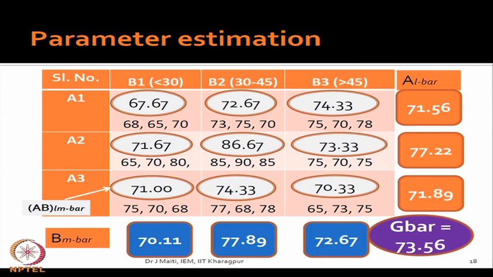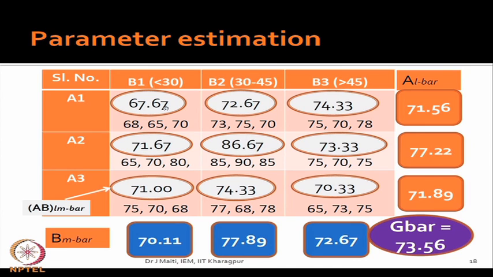So, you see that this calculation we have done like this. So, this is our 71.56, this A_l bar. If you subtract this minus this, you will be getting the tau 1, 77.22 minus this tau 2, 71.89 minus this tau 3. Similarly, beta 1, beta 2, beta 3. Similarly, you will be getting tau beta 11, tau beta 12, tau beta 13.